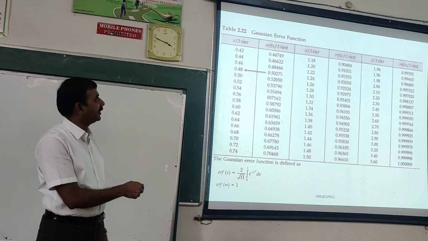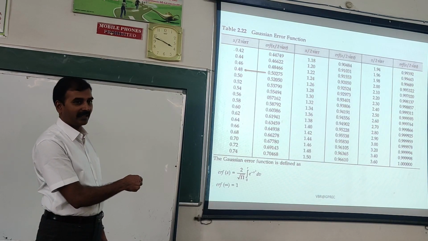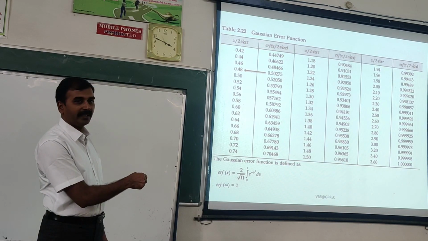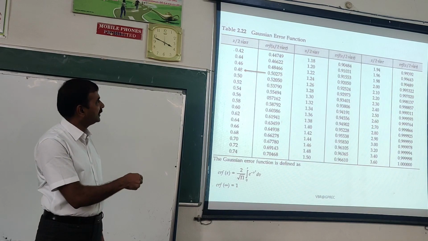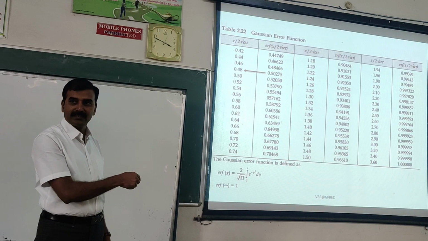Now if error function of something is 0.5, then the x value must be 0.48, right? So this is the table that we have to use in order to find this variable.